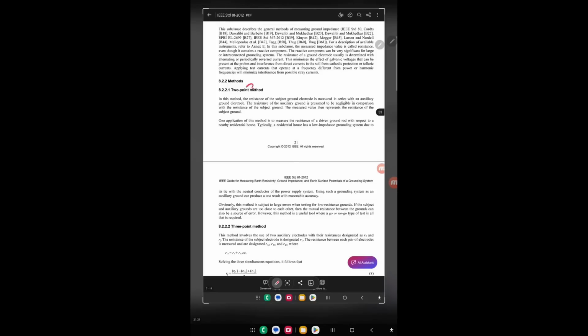The 2-point method is one method, and the 3-point method, 3 measurement points. That is the rod we are, the grounding we are going to evaluate, and 2 pins, where the voltage and current are injected to be evaluated.